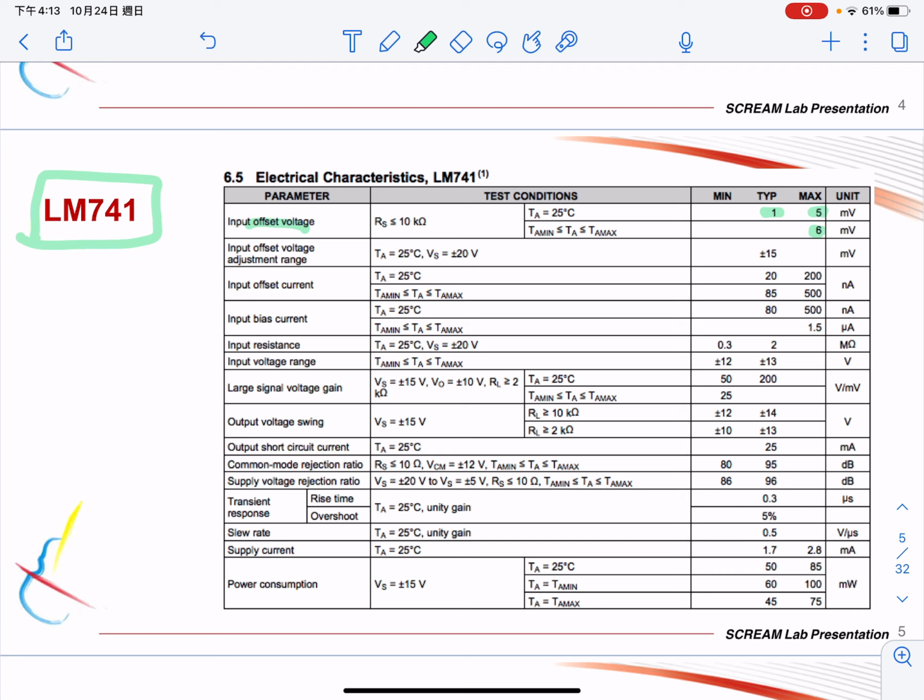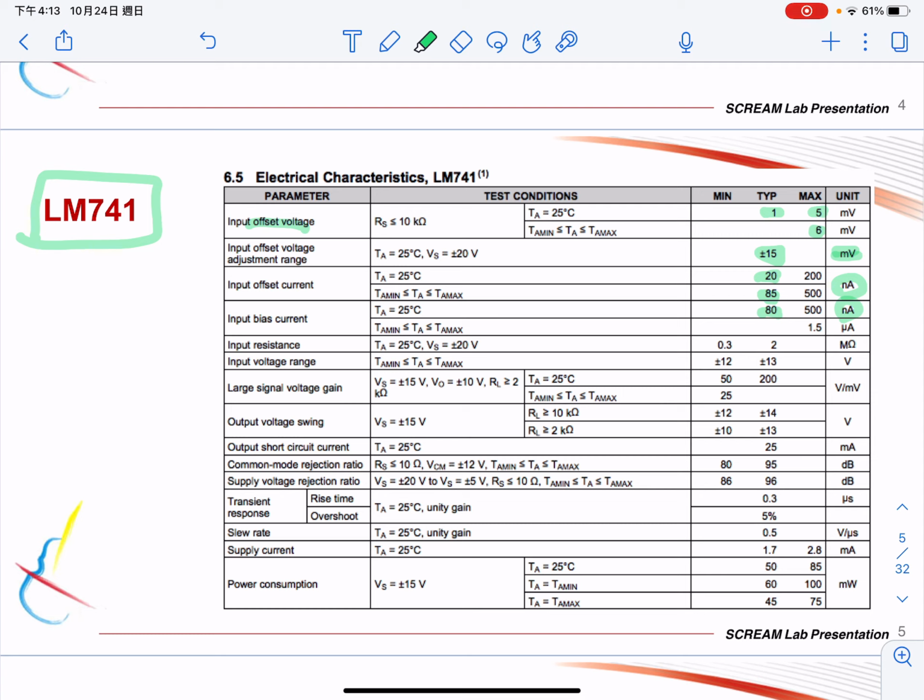We can adjust plus and minus 15 millivolts, which is quite enough. But be sure that your power supply VS plus and VS minus are as close as possible.